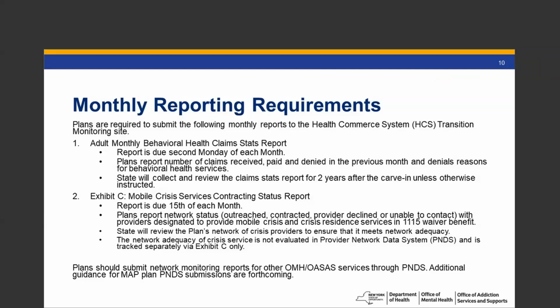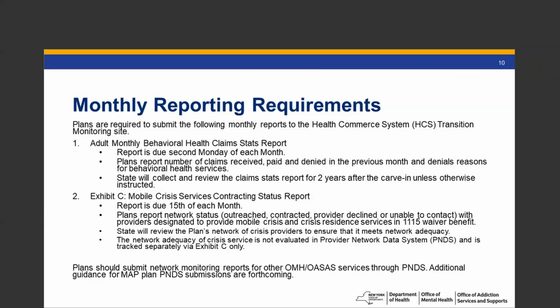Please note that the network adequacy of crisis service is not evaluated in provider network data system, aka PNDS, and is tracked separately via this report, which is Exhibit C only.